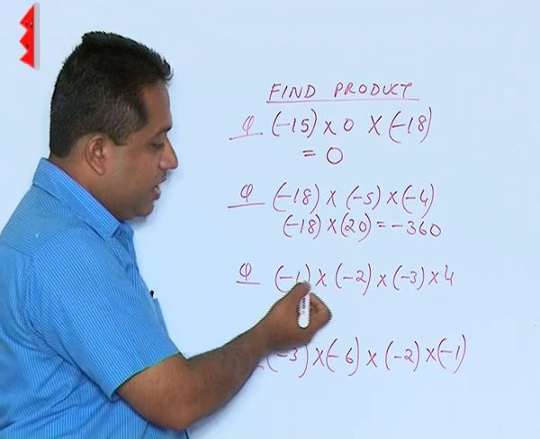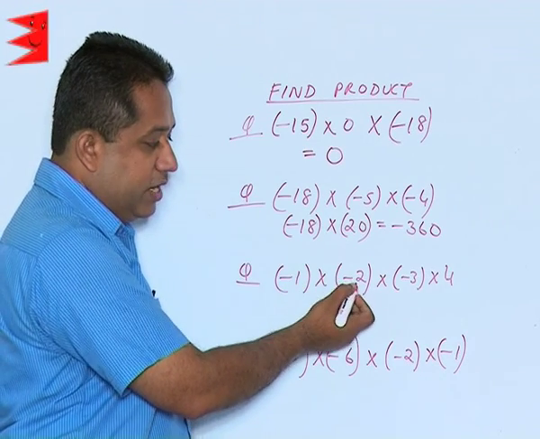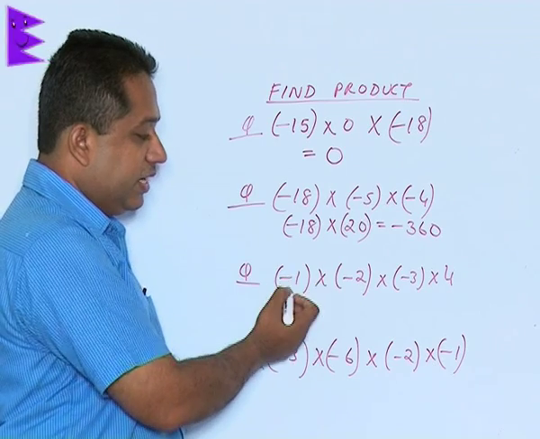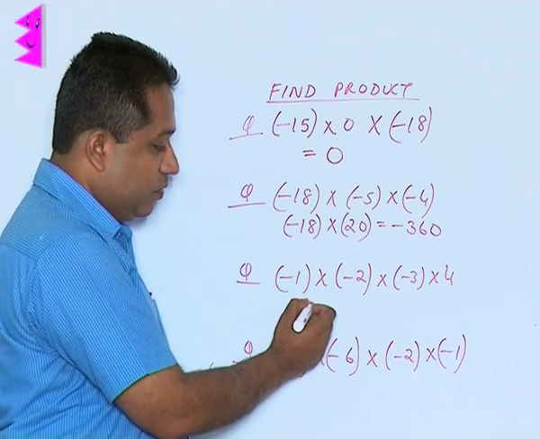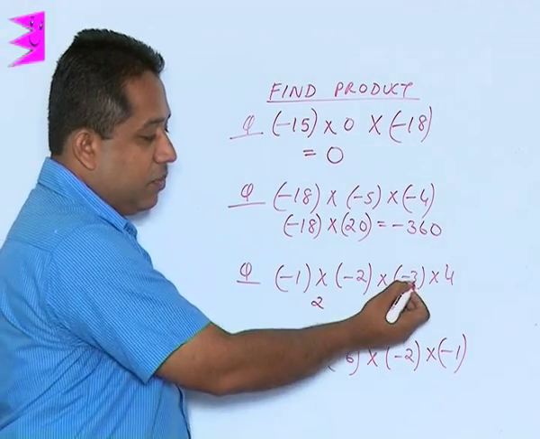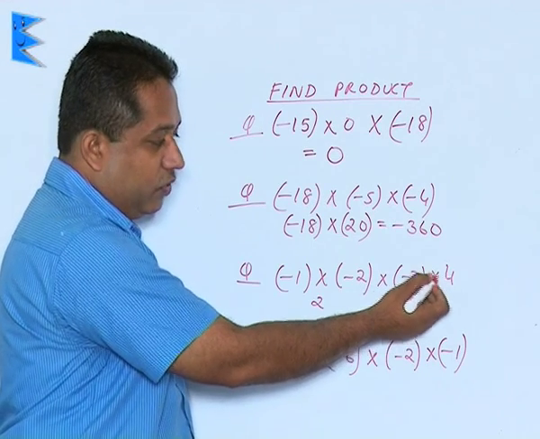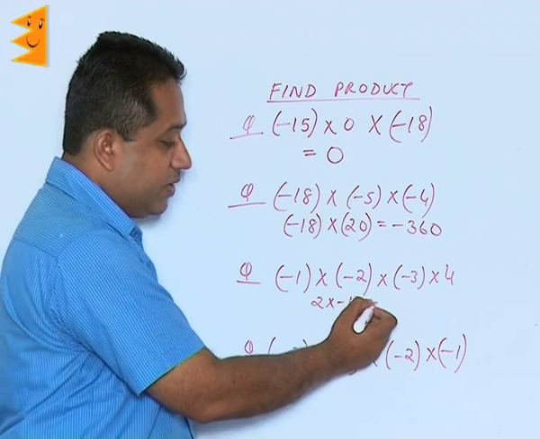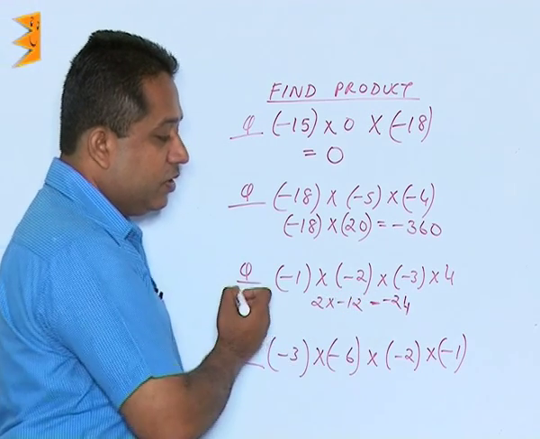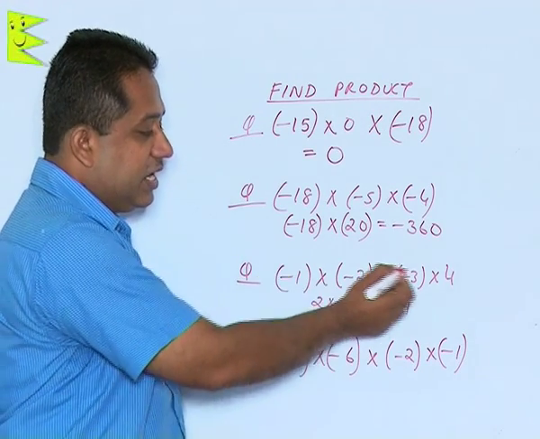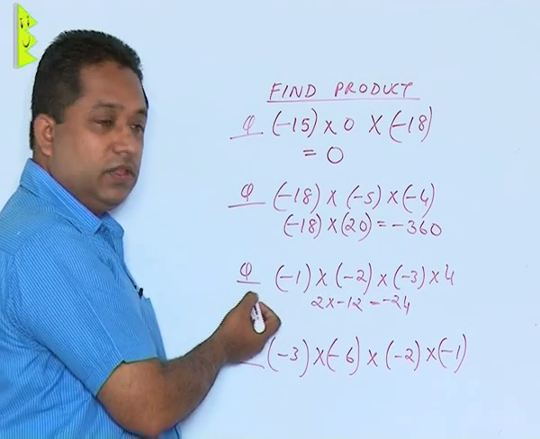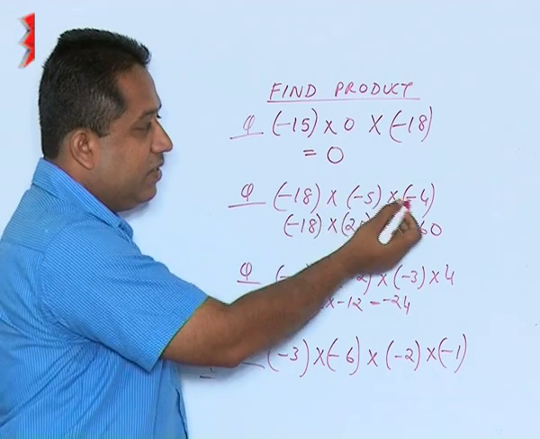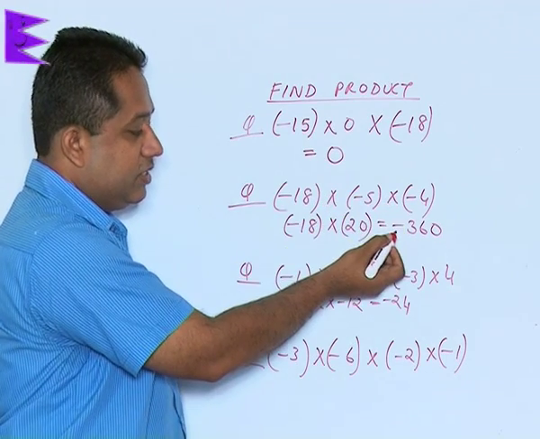Same way here we have minus 1 into minus 2 into minus 3 into 4. We have two negatives here. So, minus 1 into minus 2 we will get positive 2. Minus 3 into positive 4 is going to give us minus 12. So, 2 into minus 12 we are going to get minus 24. Always remember that when there are 3 negatives in the entire sum, then we will have the answer also as negative. Here also we had 3 negatives. So, we had negative answer.